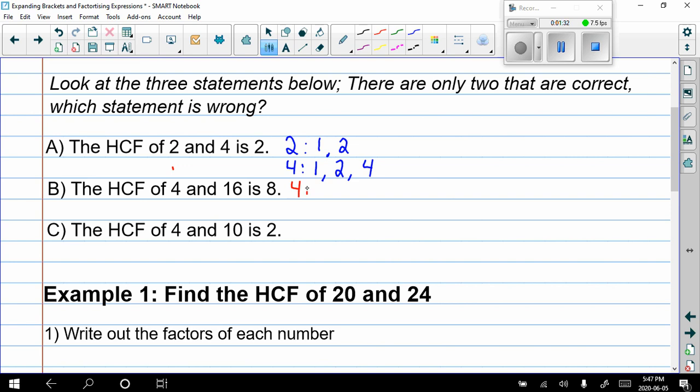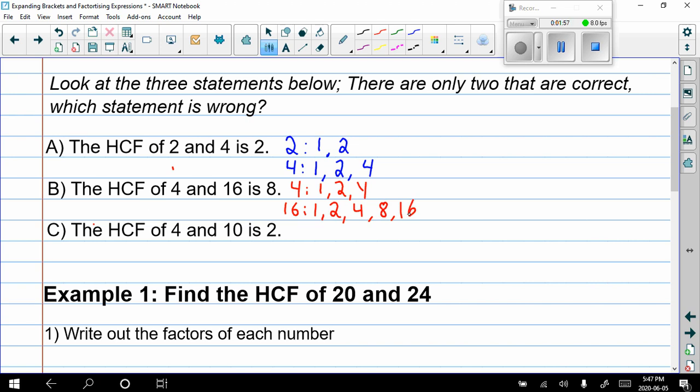So I'm just going to go ahead and do all the factors for all three. So all the factors of 4 are 1, 2, and 4. We've done it already. And the factors of 16 are 1, 2, 4, 8, and 16.